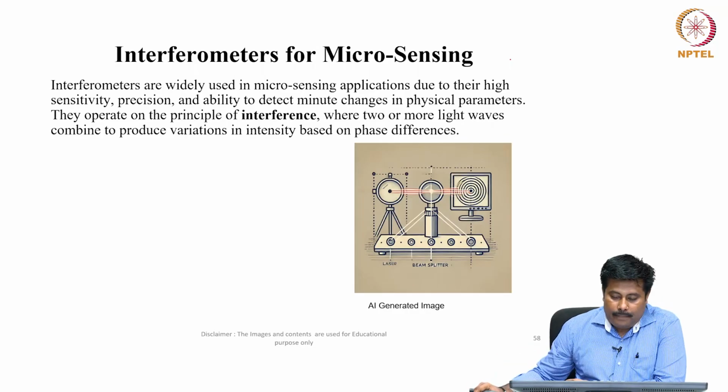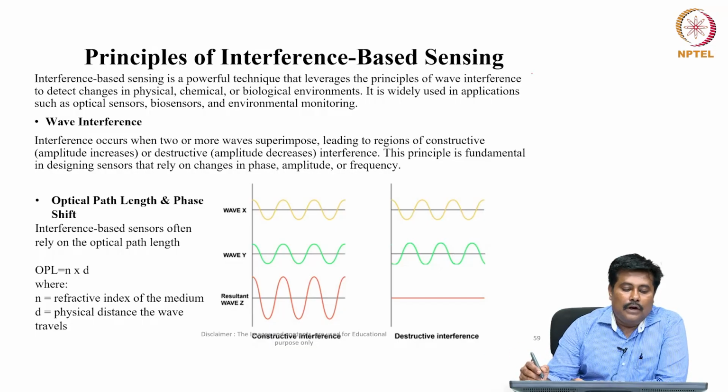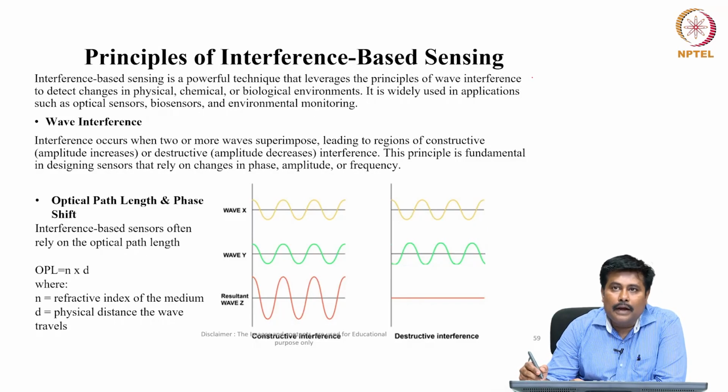Interference based sensing is a powerful technique that leverages the principle of wave interference to detect change in physical, chemical or biological environments. It is widely used in applications such as optical sensors, biosensors and environmental monitoring.